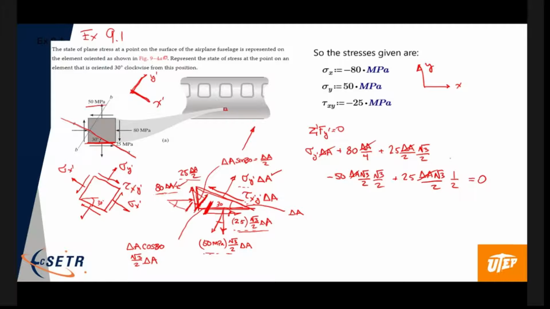The delta A's all cancel out, right? And that leaves us with sigma y prime equals, I'll put everything onto the right-hand side. So 80 divided by 4 is 20. Then 25 divided by 4 times rad 3. And I have to make this a minus, excuse me.